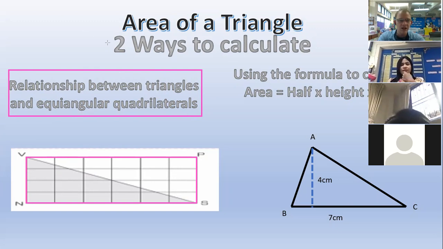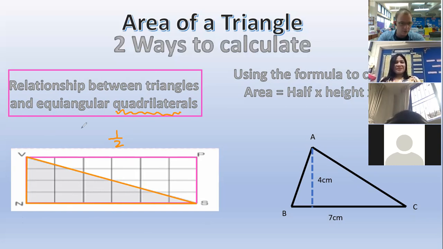And the inside where we mark our triangle, we're going to look at that specific triangle to calculate the area we want. And if we look at the triangle on the inside, it is half of the total area of the quadrilateral, which is the total rectangle, VNSP.